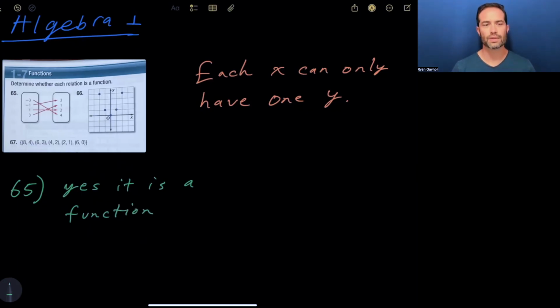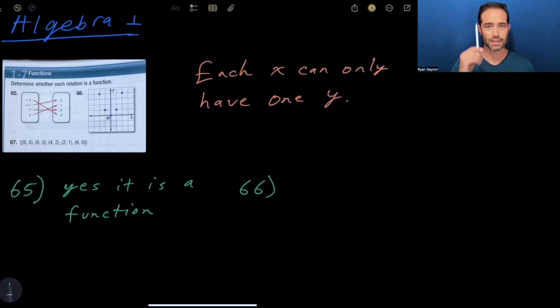Okay, now let's look at number 66. Now they're demonstrating this as a graph instead of a mapping problem. So the statement each x can only have one y still pertains, but there's also something else that you can do. You can do what's called the vertical line test.